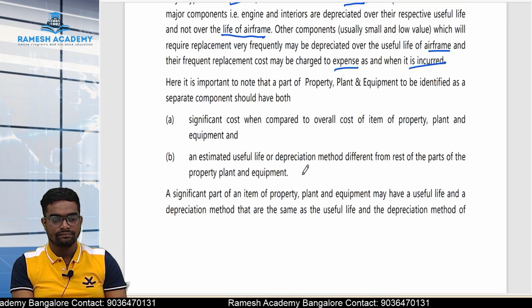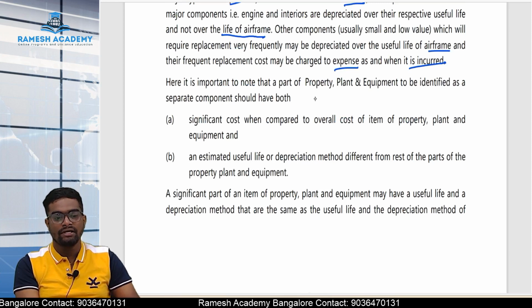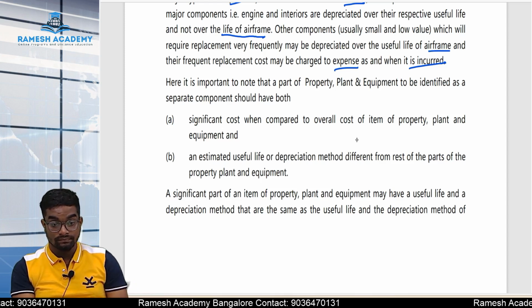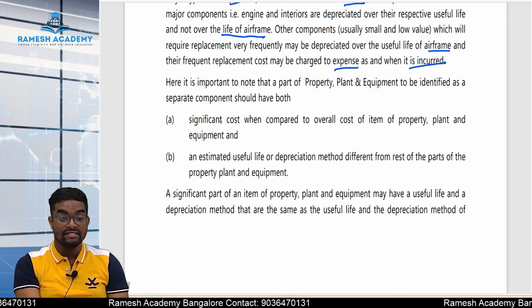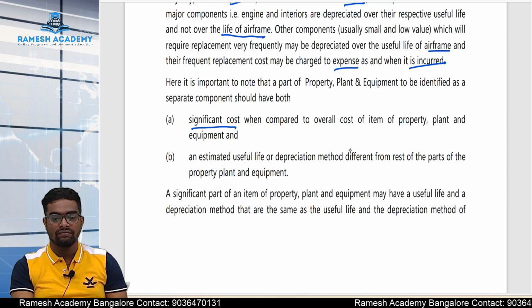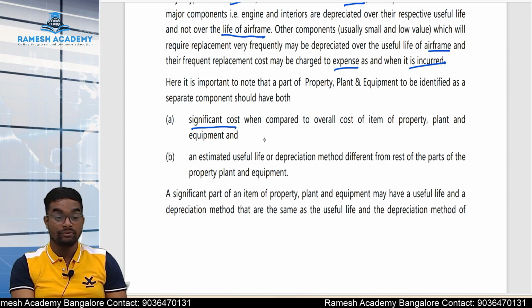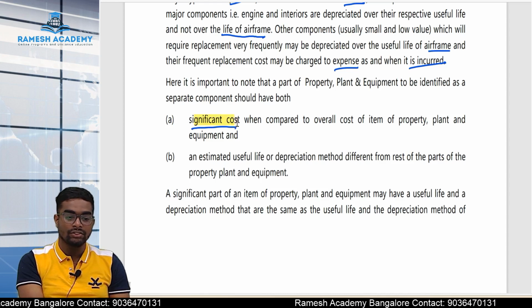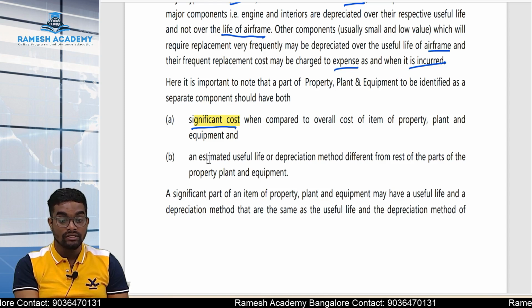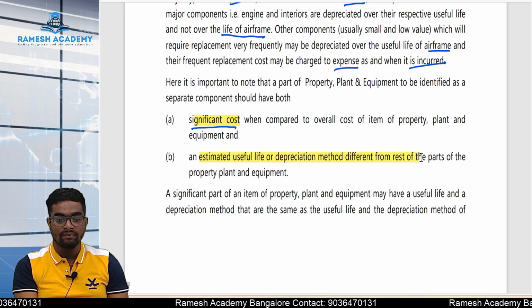Here it is important to note that a part of PPE to be identified as a separate component should have both of these. It should have a significant cost when compared to the overall cost of the item of PPE, which means a major cost compared to the actual asset, and its estimated useful life or depreciation method should be different from the rest of the parts.